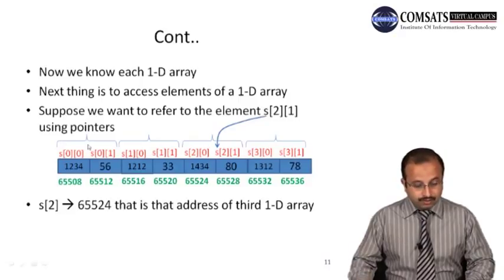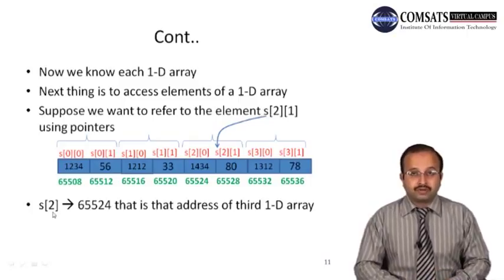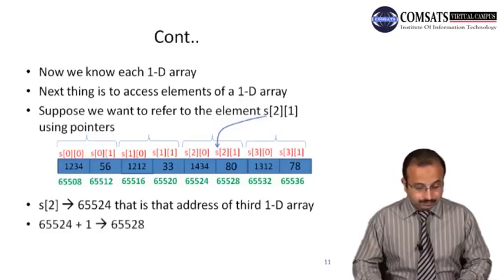So this is the first one dimensional array, this is the second, and this is the third one dimensional array. और third one dimensional array का base address क्या है? 65524. We can access this address if we write S of 2. So S of 2 contains the address of the third 1D array, right?